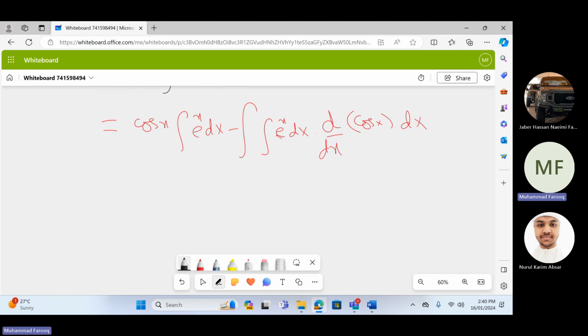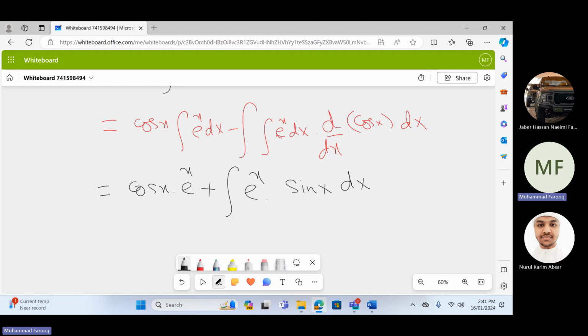Okay. Now cosine x. What is the integration of e to the x? Yes, it is the same. Good. Minus sign of integration. Just copy and paste this one. e to the x times, what is the cosine derivative? Negative sine. So please put sine here and put plus here, because I have a negative sign with the cosine derivative.